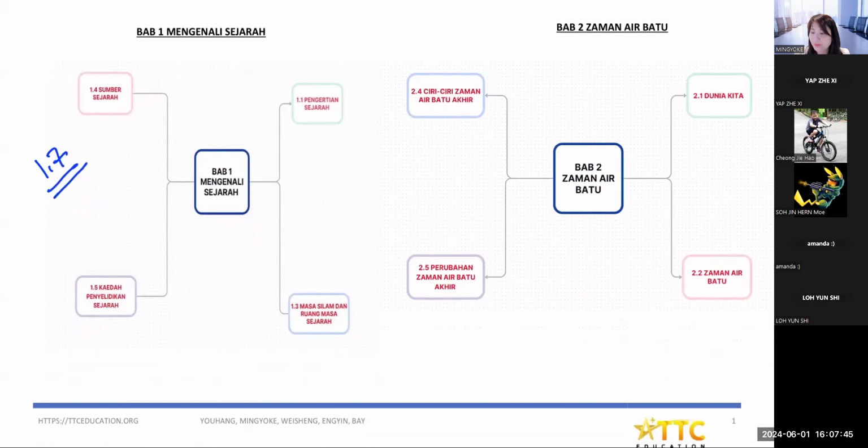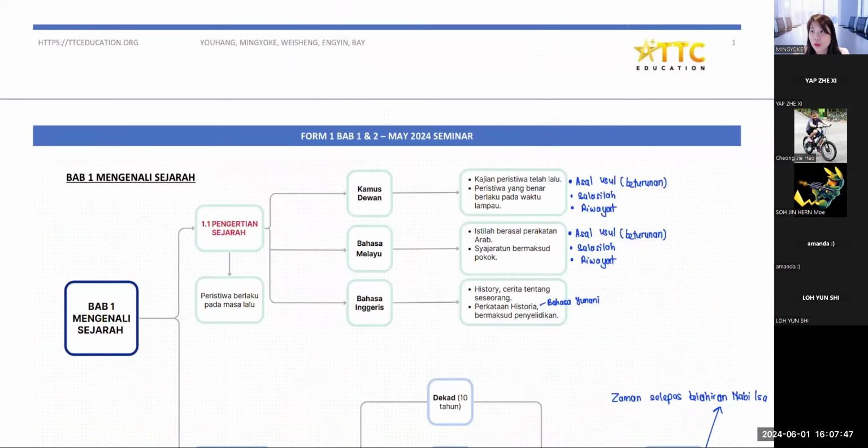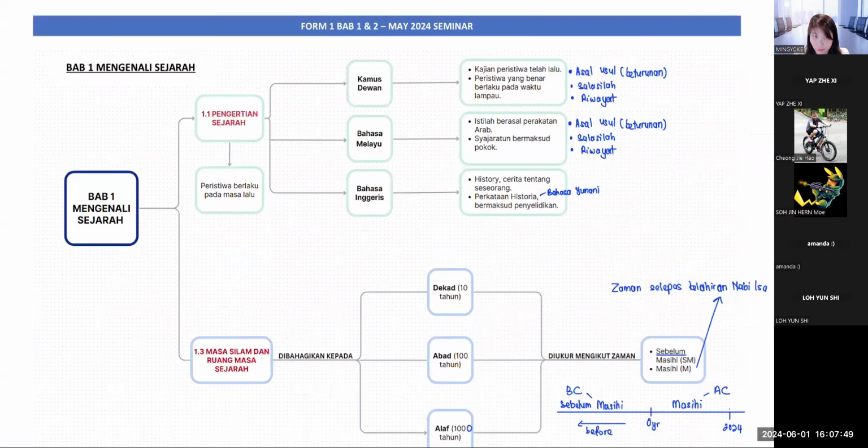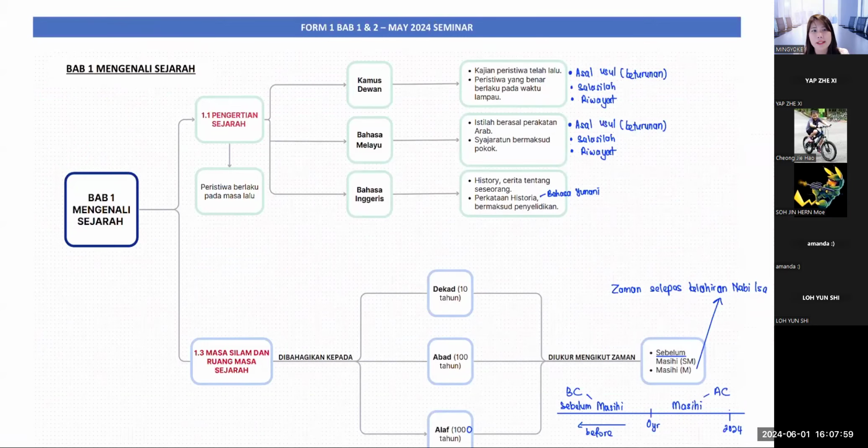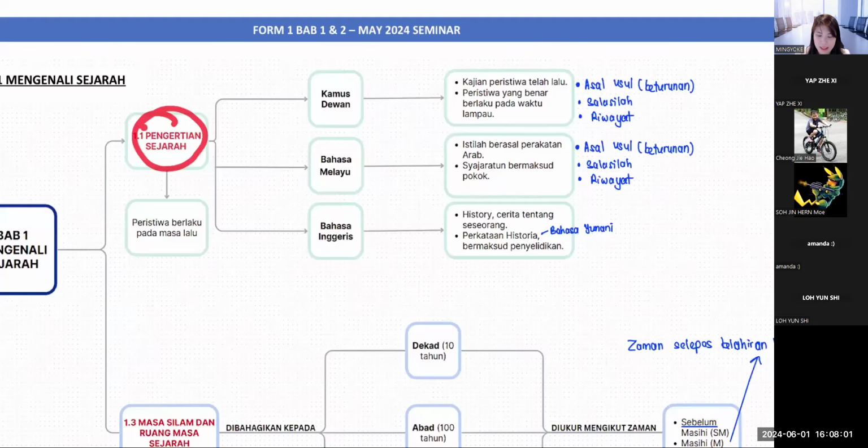Let's go to the first one. What is the meaning of history? History means an incident that actually happened and is already in the past, peristiwa berlaku pada masa lalu.